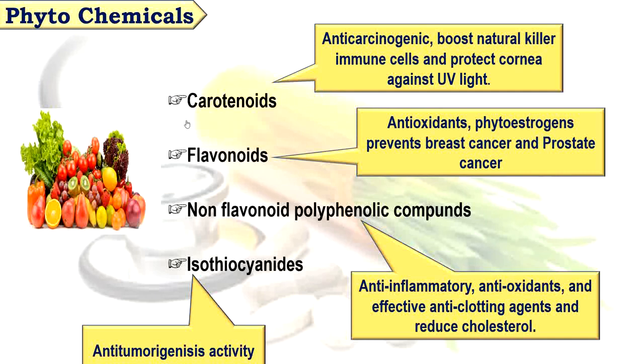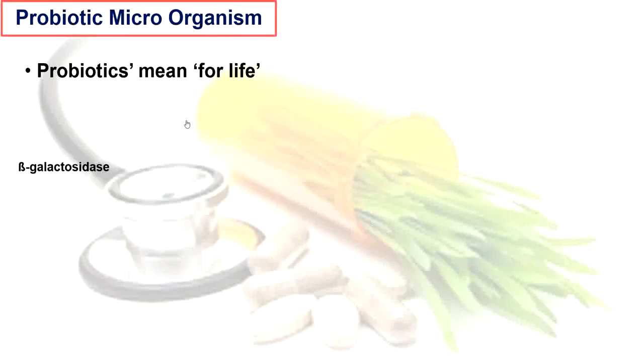When you take isothiocyanates, it is an anti-cancer agent. It prevents the growth of cancer cells. So each phytochemical has unique health benefits inside our body. These phytochemicals are abundant in fruits and vegetables. Even grains and nuts also have these phytochemicals.